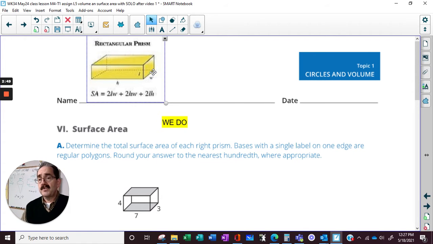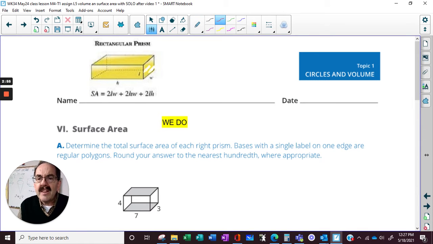Okay, so here's the actual formula. The surface area, the length times the width. So let's just label this real quick. Length and width. There's an end. Okay, so the end is length times width. And there's an end, right? So the end is length times width. Height times width.